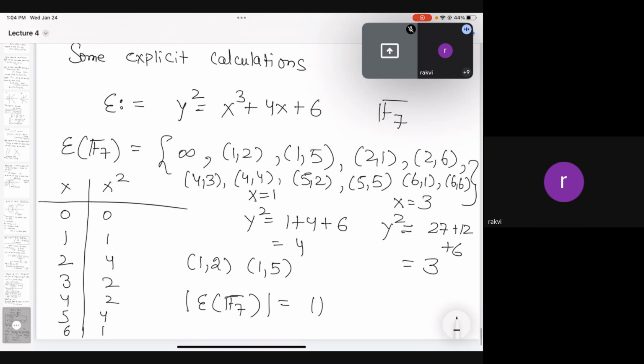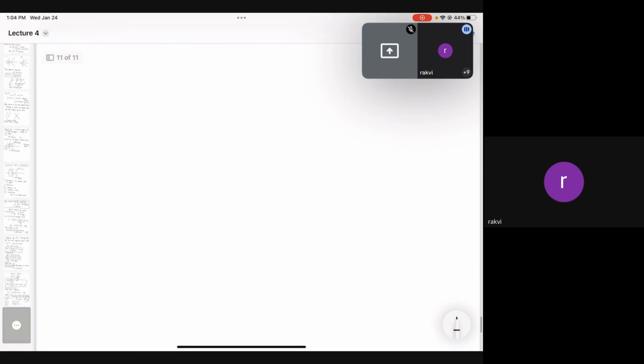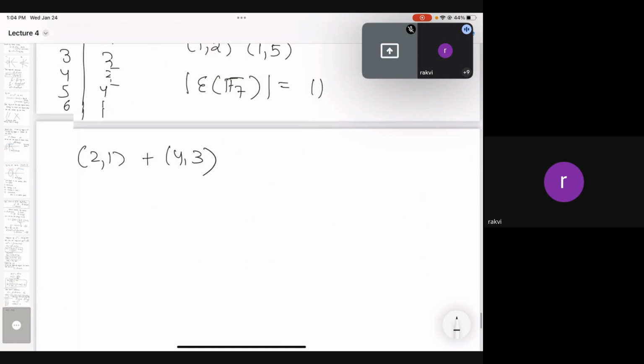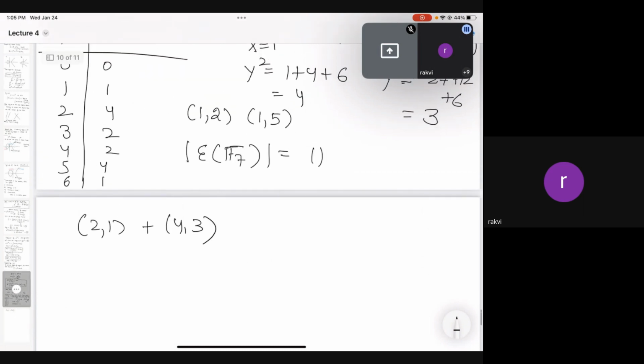Further, if we take 2 points and want to add them explicitly, for example, say we want to add 2 comma 1 and 4 comma 3, then using the equations that we had before, we compute the slope and everything.